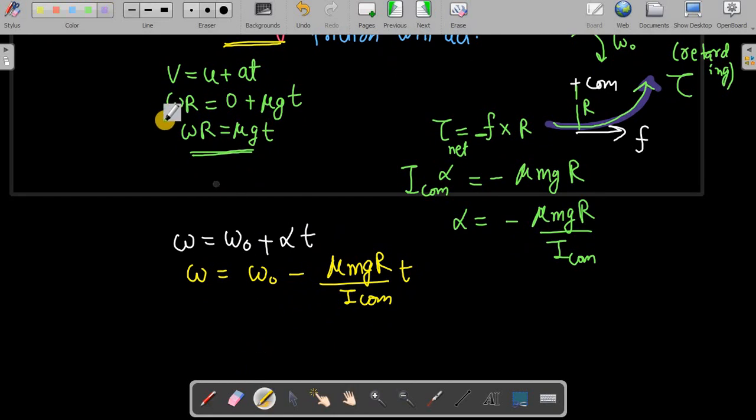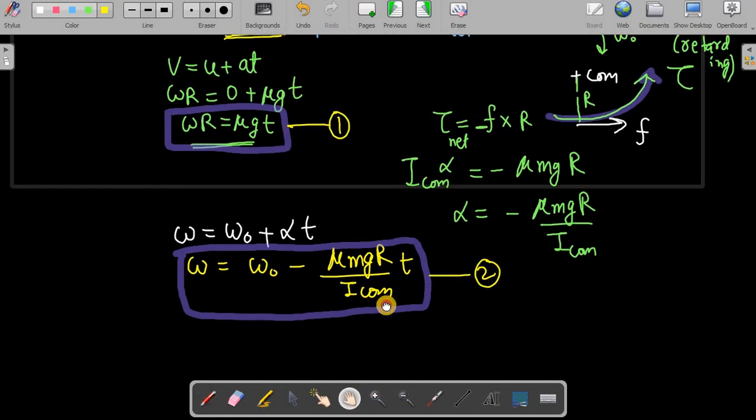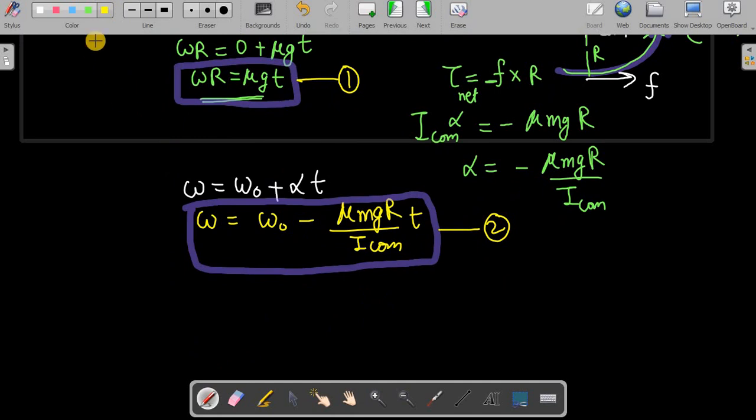So now you have this equation and you also have this omega. Let's say this is the first equation and this is the second equation. From the second equation omega can be calculated and substituted in the first equation. So omega naught into r minus mu mg r square by I center of mass into t is equal to mu g t.